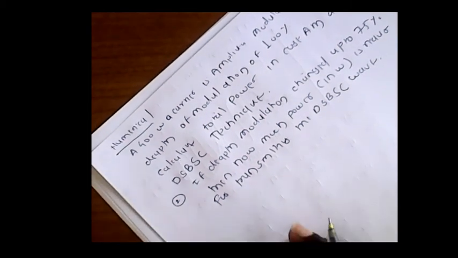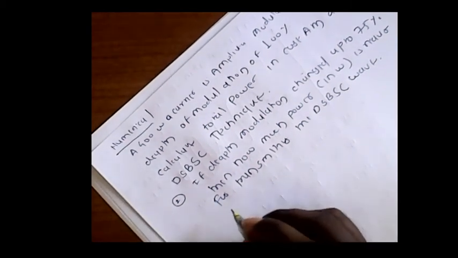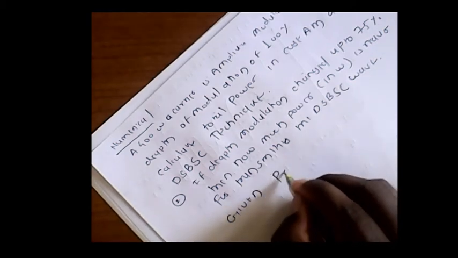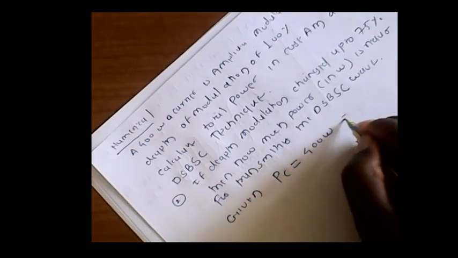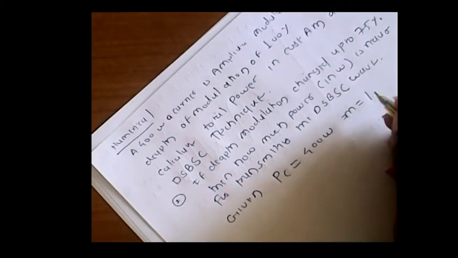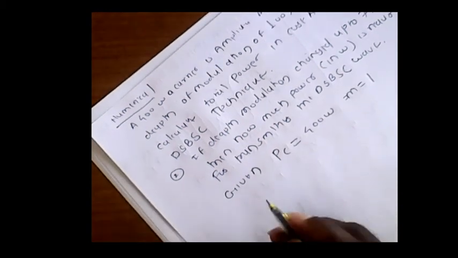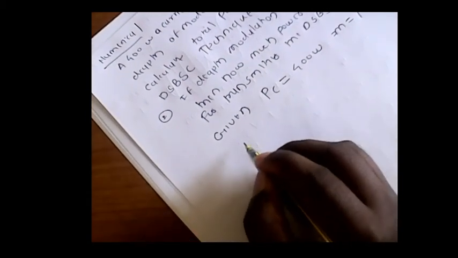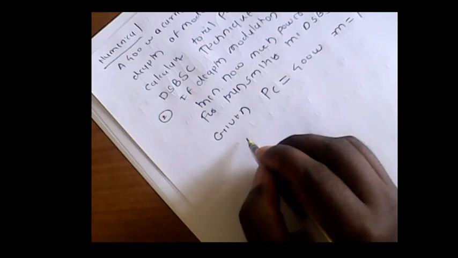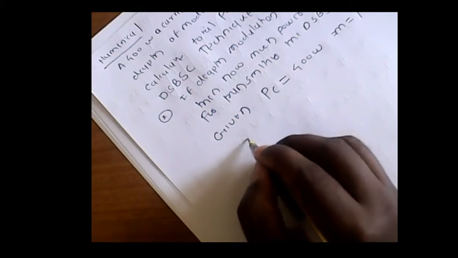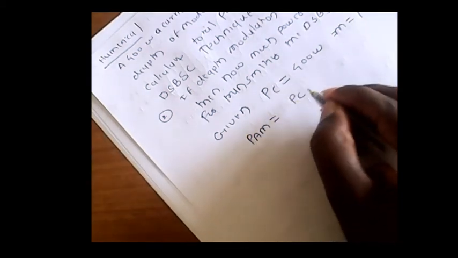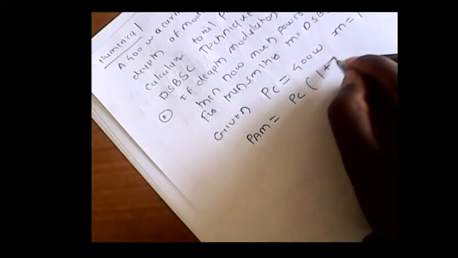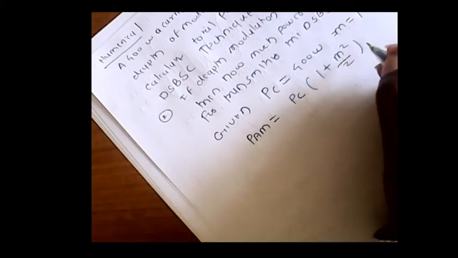So first we calculate the power requirement. Here, given, first we write down carrier power is given, it is 400 watt, and modulation index m is equal to 1. So total power for full carrier wave, our full AM modulation, is given by Pt equal to Pc into 1 plus m square divided by 2.